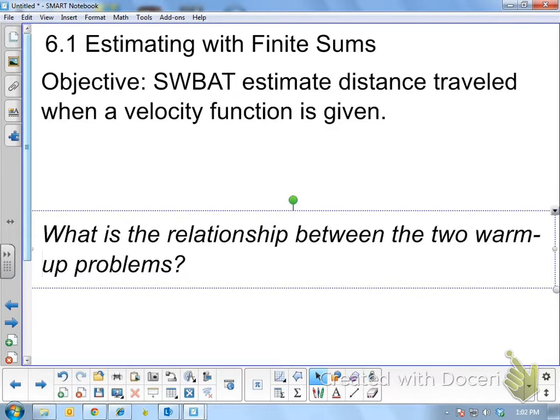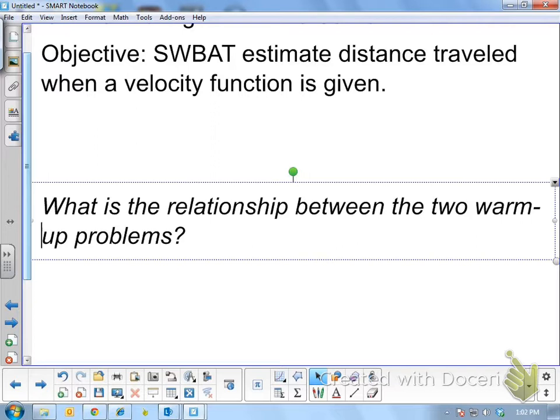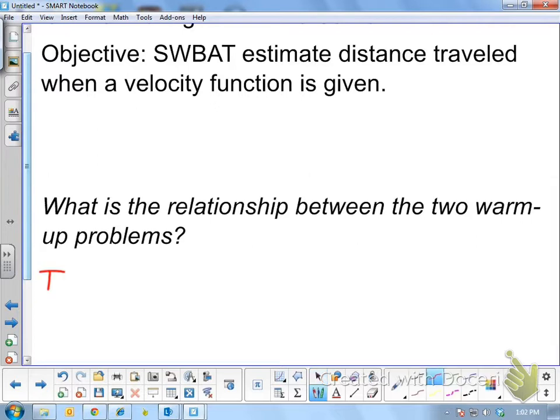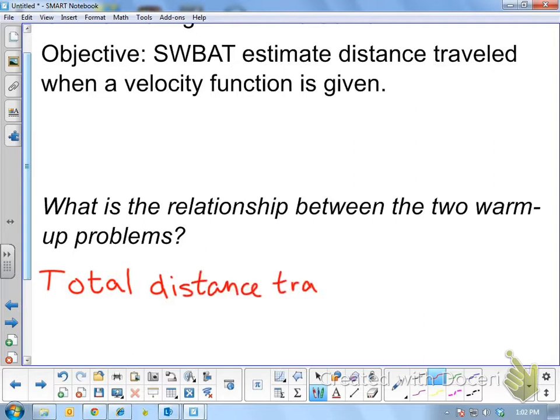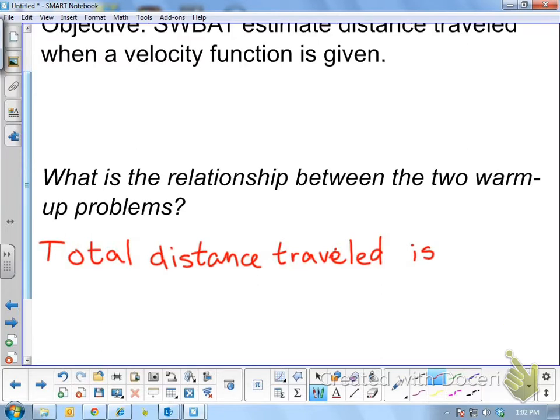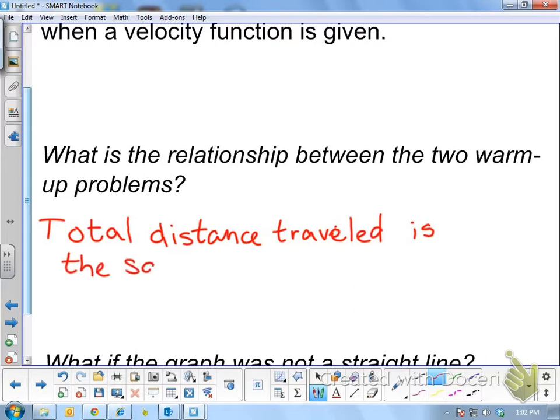So we discovered that the total distance traveled is the same as the area under the velocity curve. Well, the velocity straight line.